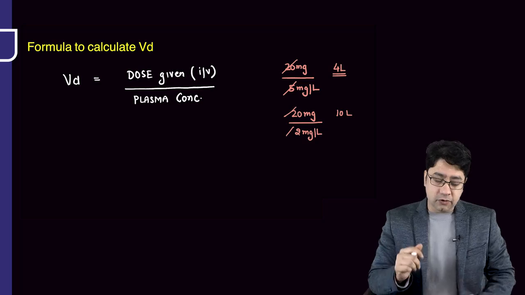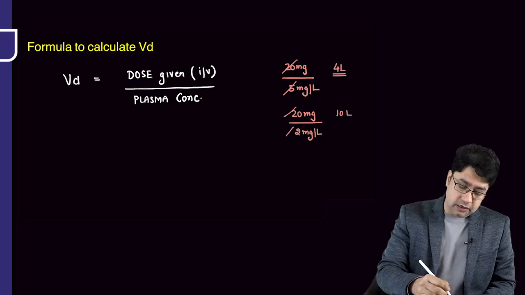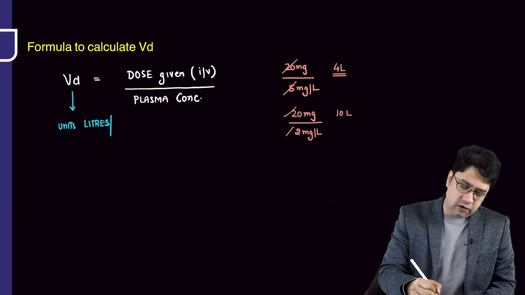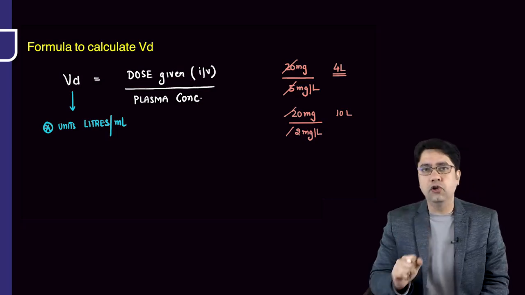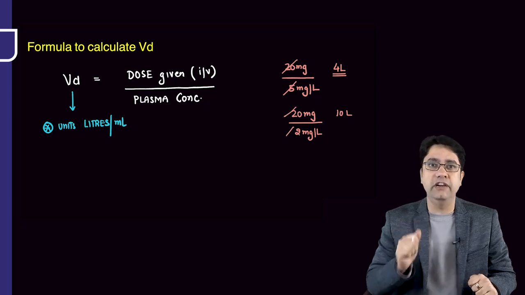Okay. Now, what should be the units of volume of distribution? Units of volume are always and always liters. So you can express in liters or you can also express in ml. But don't you think volume of plasma changes with body weight?